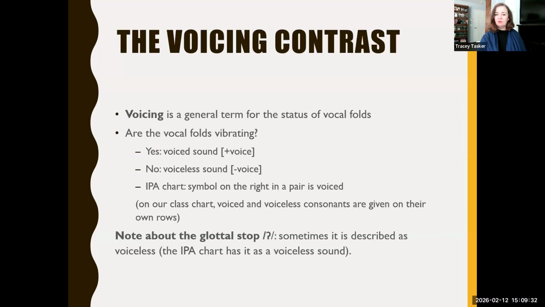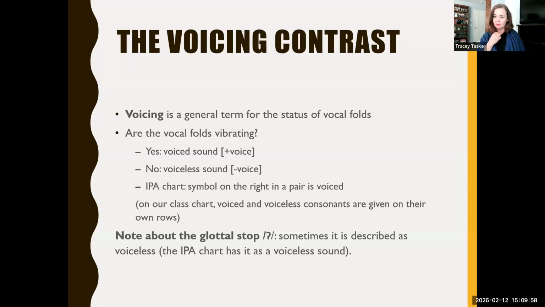All right. So voicing is just a term for your vocal cords moving. You can feel it if you put your hand on your throat. So if you say vowel sounds, E, O, ah, you can feel your vocal cords moving for all vowels.